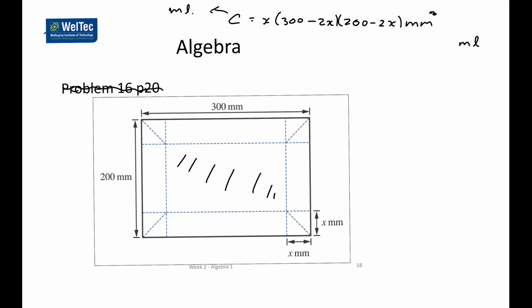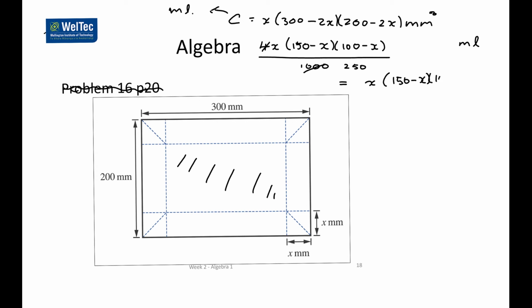We've got 300 minus 2x, 200 minus 2x, so we could take out a factor of 2 twice, which would give us 4x out the front, leaving us with 150 minus x times 100 minus x, and we're dividing it by 1,000. Okay, that looks pretty straightforward. Just divide the 4 and the 1,000. So now our final answer would be x times (150 minus x) times (100 minus x) over 250.